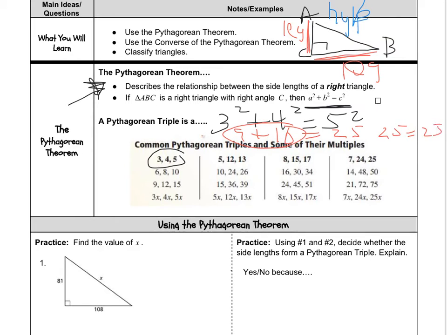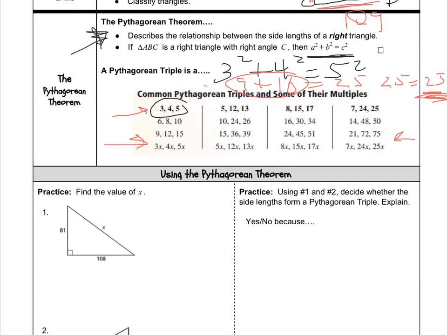In other words, the hypotenuse squared, the right side, is equal to the sum of the legs squared. And since both sides are equal, it's a right triangle. So these three sides, 3, 4, and 5, are a Pythagorean triple. They give a bunch of other types of Pythagorean triples too. All the numbers listed in these columns are sides of right triangles, because the two legs squared and added equal the hypotenuse squared.